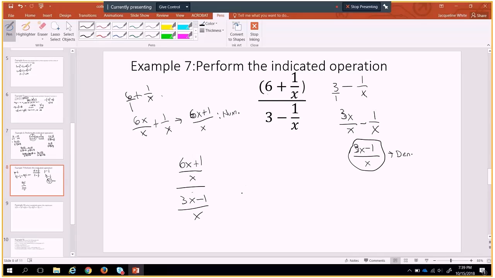So if we do all of that, it's going to be 6x plus 1 over x times x over 3x minus 1. We multiply that across, these x's cancel, and all we're left with is 6x plus 1 over 3x minus 1. Alright, so that is our final answer for this one.